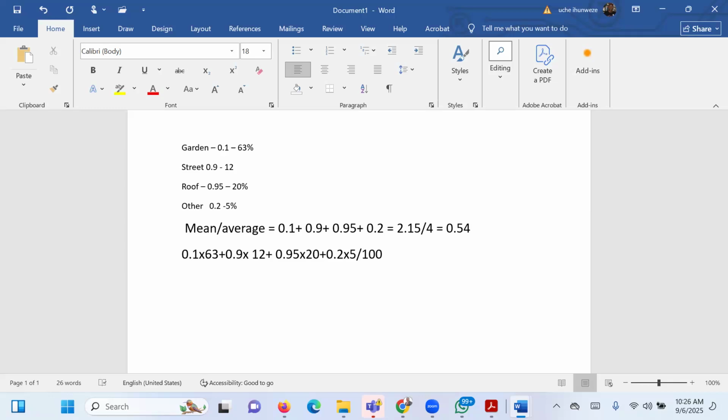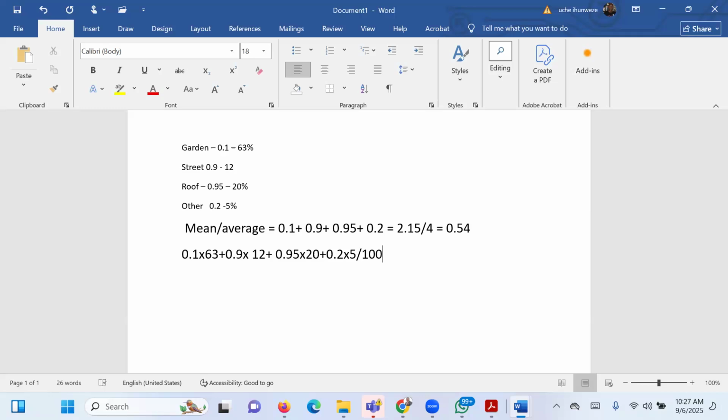So it will now be 0.1 times 63 plus 0.9 times 12 plus 0.95 times 20 plus 0.2 times 5.